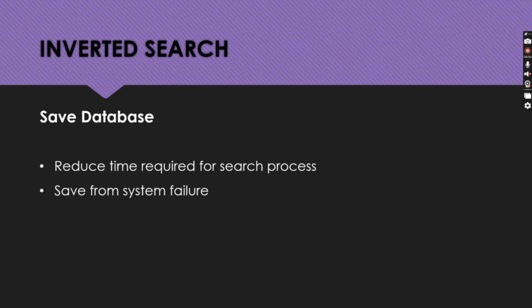So if we have a lot of files, after saving, the search will take less time. Also, if any system failure happens and we saved the file, it will be there, we didn't lose it.